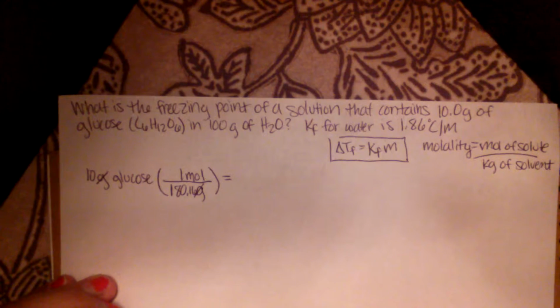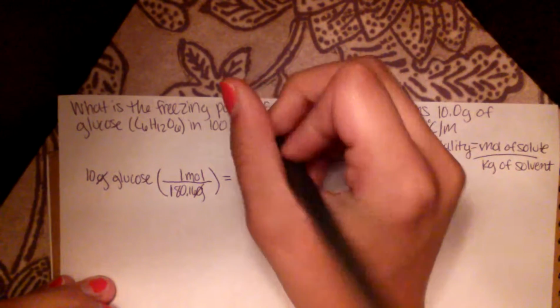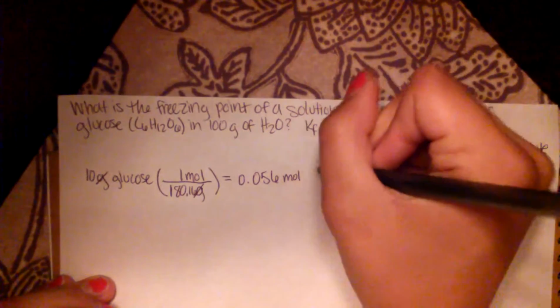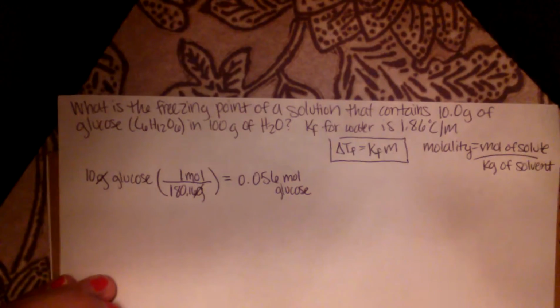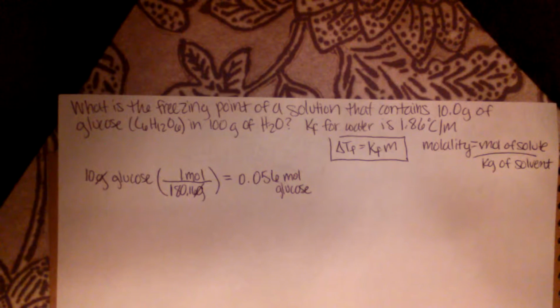So when you multiply this, you will get 0.056 moles of glucose. So right now we have the very top part of our molality problem.